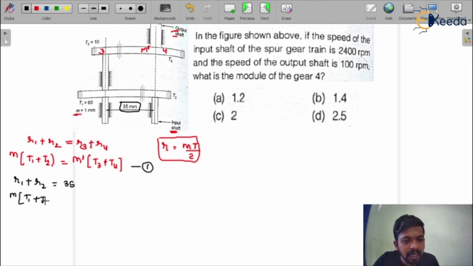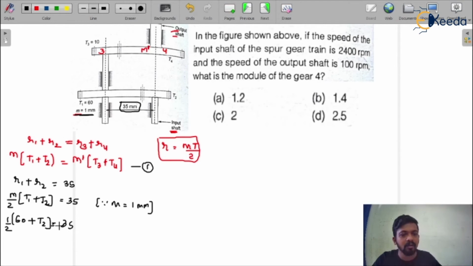So m(t1 plus t2) by 2 is equal to 35. The module is given, equal to 1 mm, so put the value 1 and you can find t2, because t1 is given, t1 is 60. So here I am writing 60 plus t2, times 1 by 2, equal to 35.